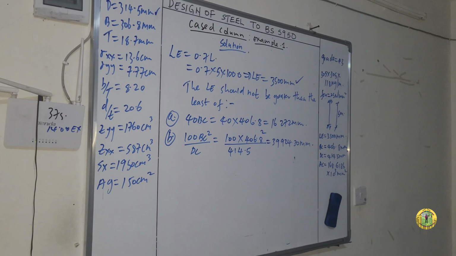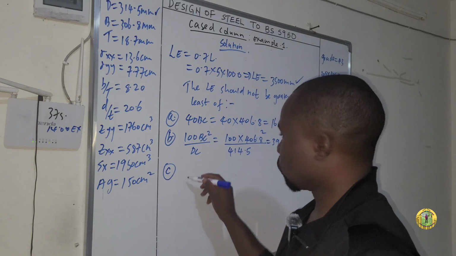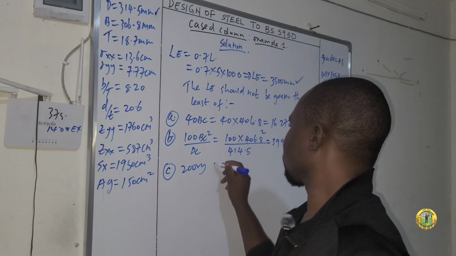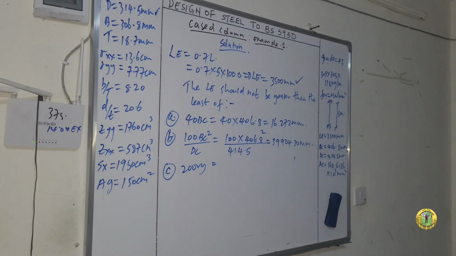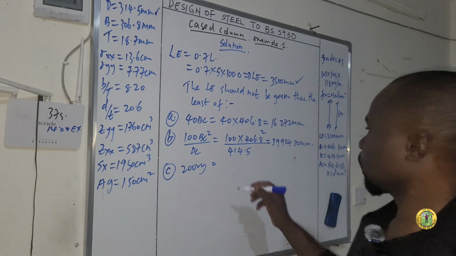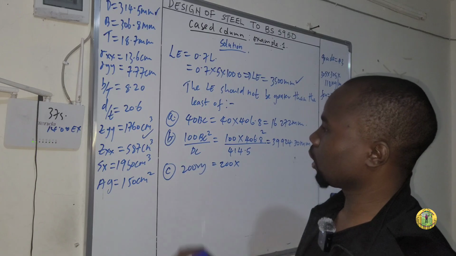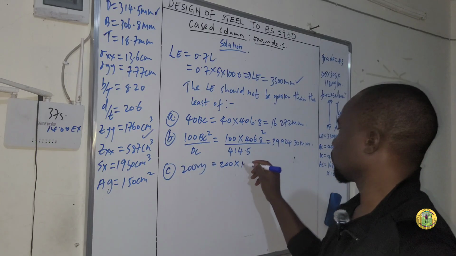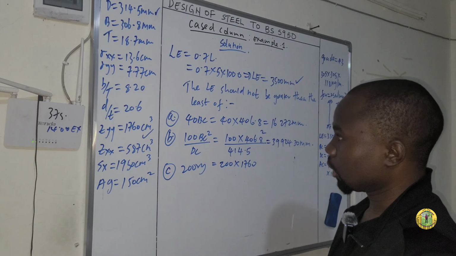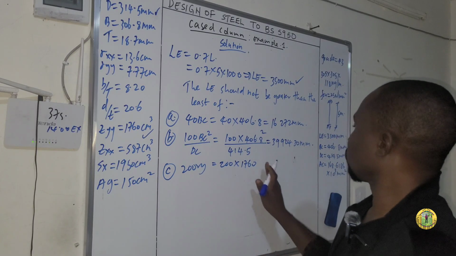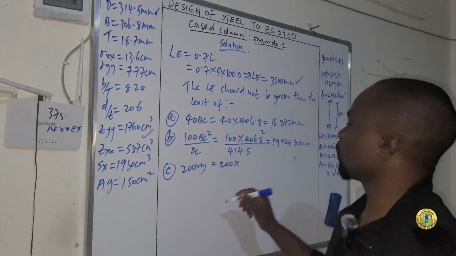The third case, or C, is 200 RY. RY is the radius of gyration about the y axis. So this is equal to 200 times RY, which is not 1760, it is 7.77.